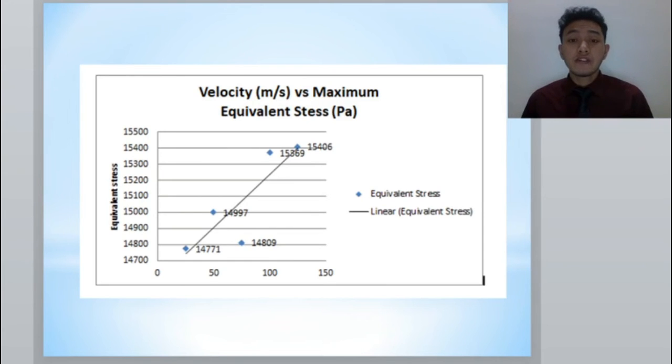Next, this is the graph for velocity versus maximum equivalent stress. The x-axis is the velocity and the y-axis is the maximum equivalent stress, and you can see it is increasing. When the velocity increases, the equivalent stress for the feather also increases.